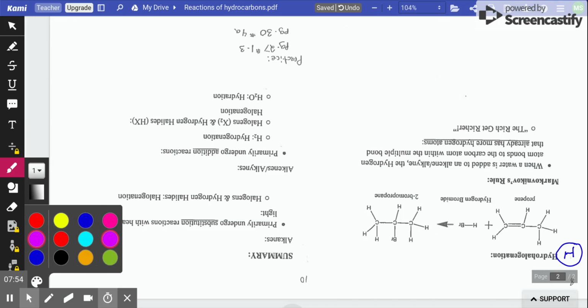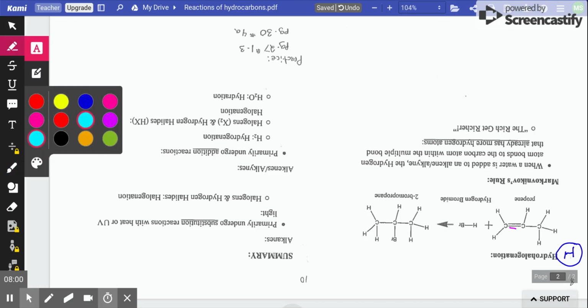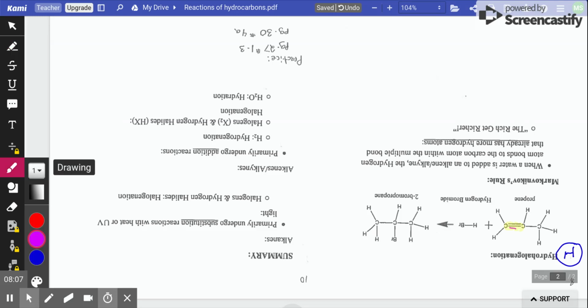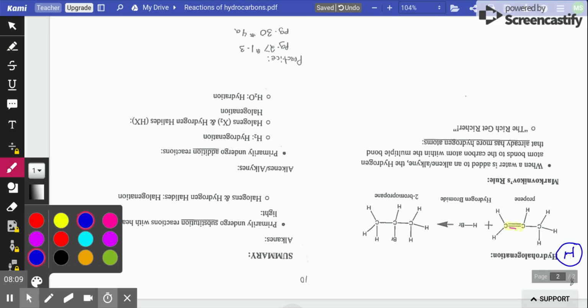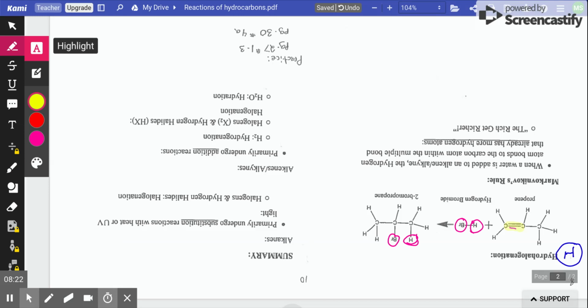We have a double bond that we're going to break apart here, and what we are adding to our molecule is a hydrogen and a halide. The hydrogen's going to bond here, and the bromine comes and connects over here. So exactly the same as the other types of addition reactions.